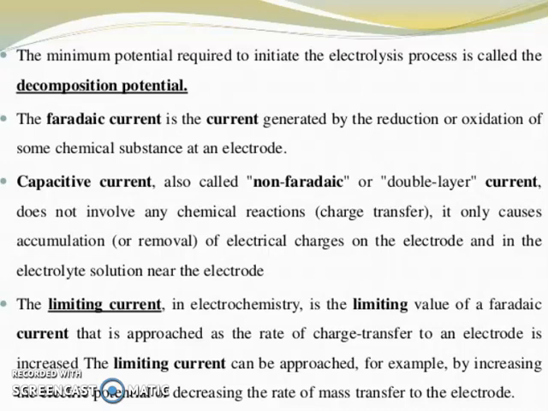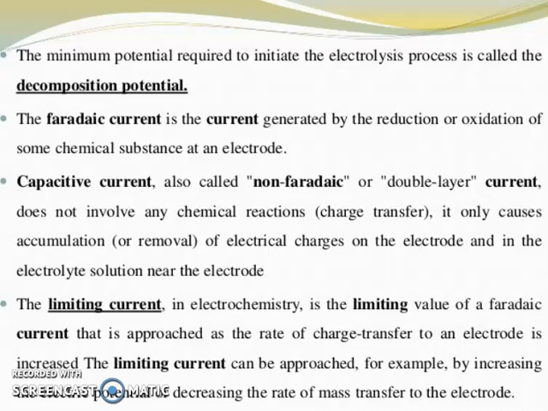The Faradaic current is the current generated by the reduction or oxidation of some chemical substance at an electrode. Capacitive current, also called non-Faradaic or double layer current, does not involve any chemical reaction or charge transfer. It only causes accumulation of electric charges on the electrode and in the electrolyte solution near the electrode.